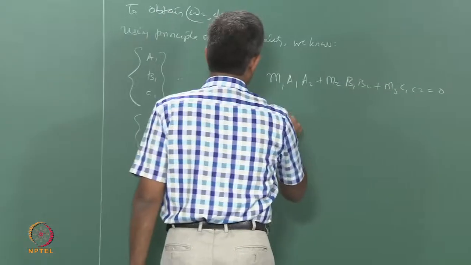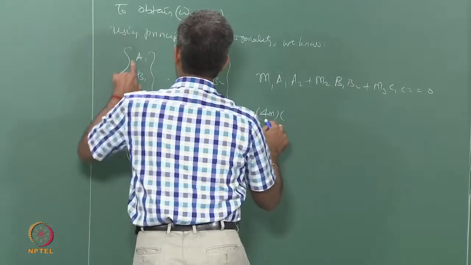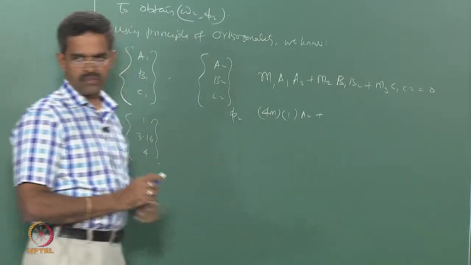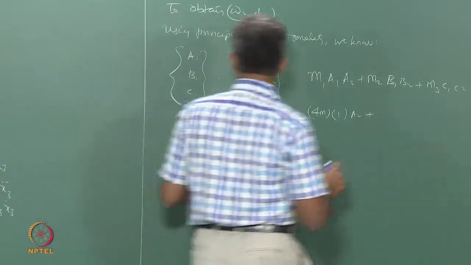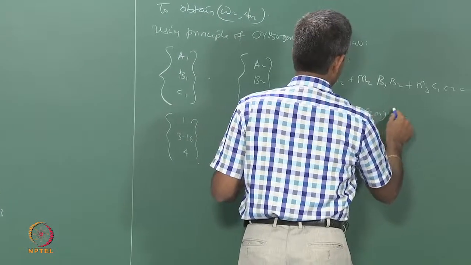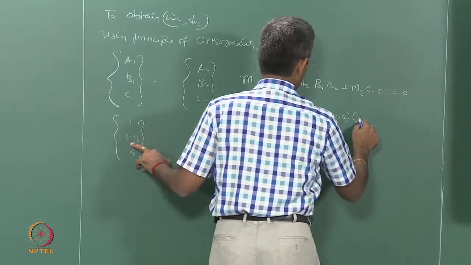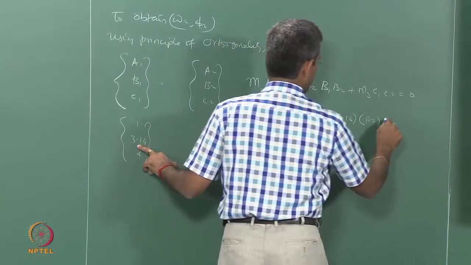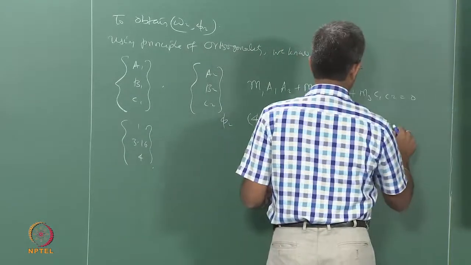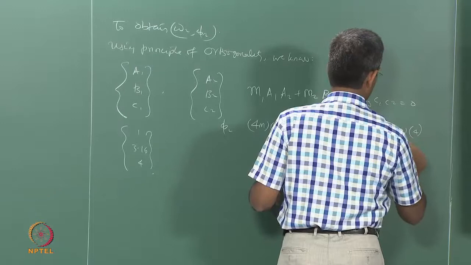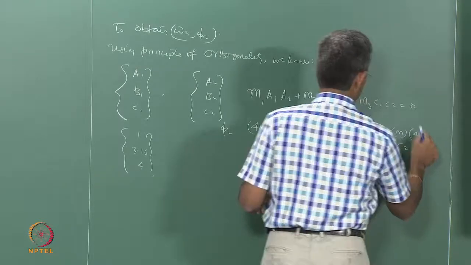So, m1 is 4m, a1 is 1, a2 I do not know. Similarly, m2 is 2m, b1 is 3.16 and b2 I do not know, plus m3 is 4m, c1 is 4, and c2, set to 0.